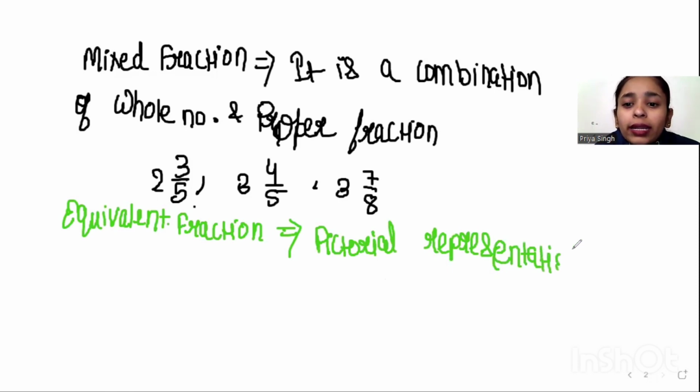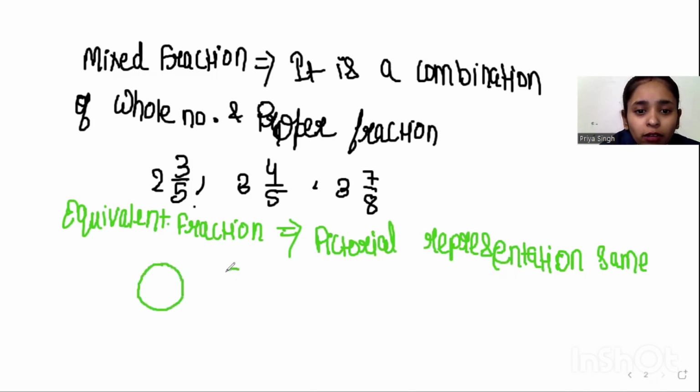Let's take the example of a figure. Suppose you have a circle, and another circle also. This circle is divided into 4 parts and one part is shaded.